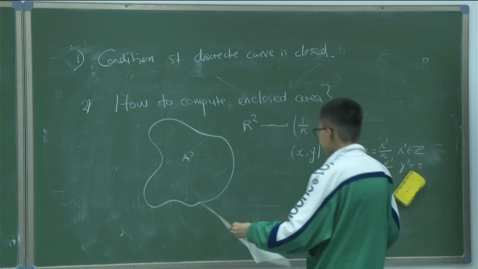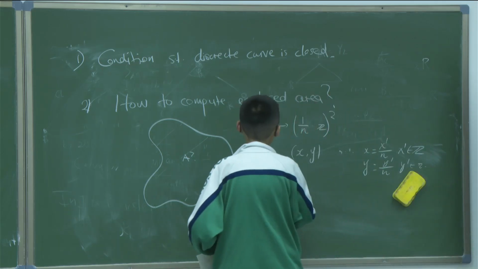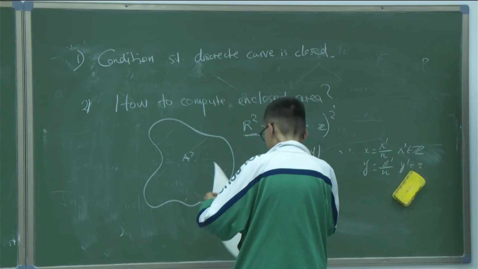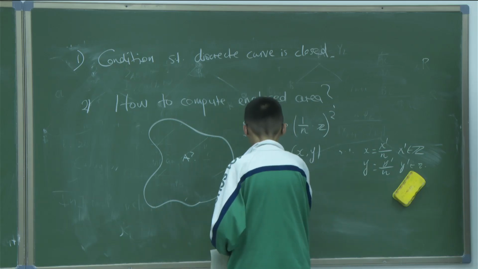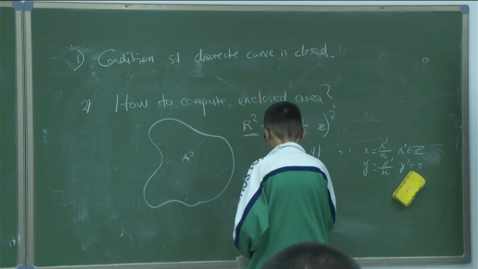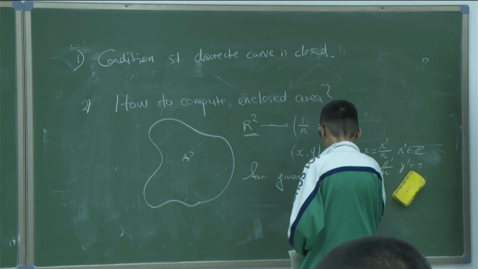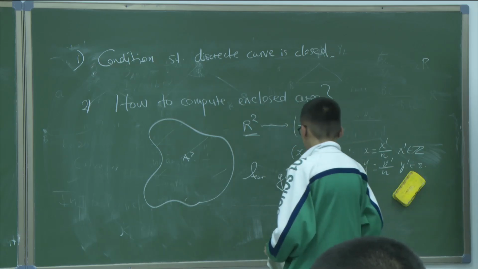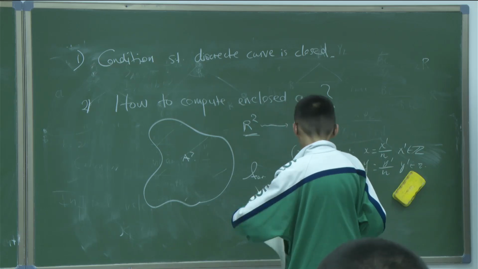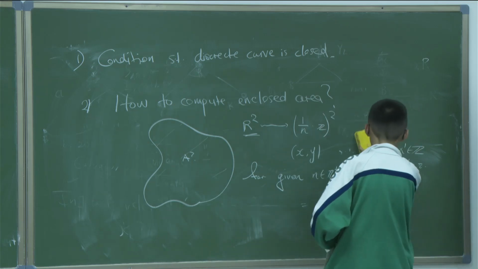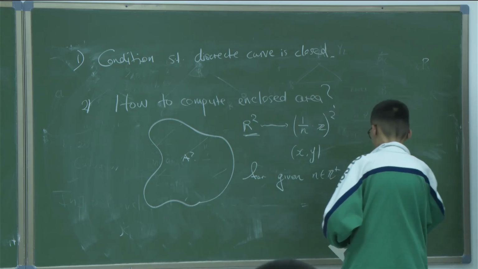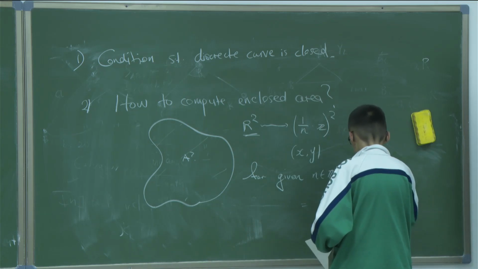So we have R2. So this is for given n in D plus. For given n, we will consider n points.